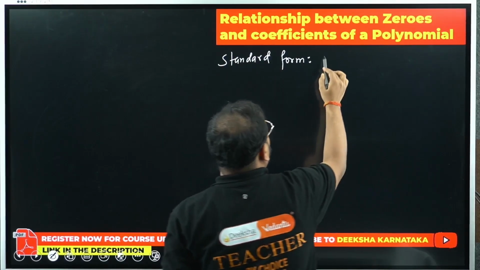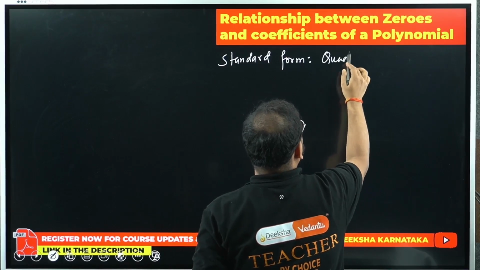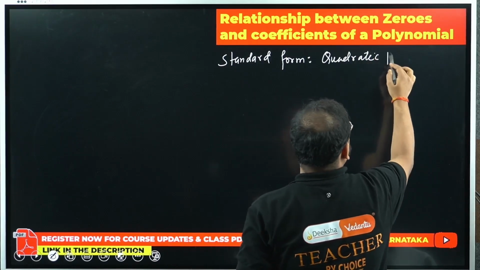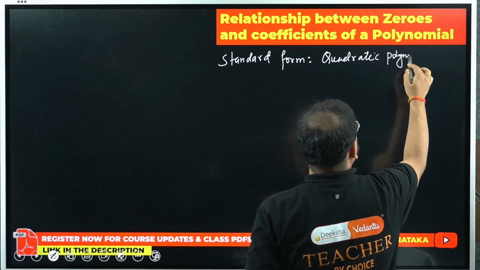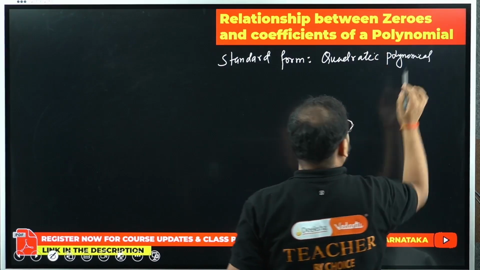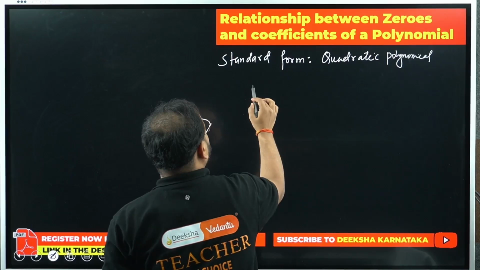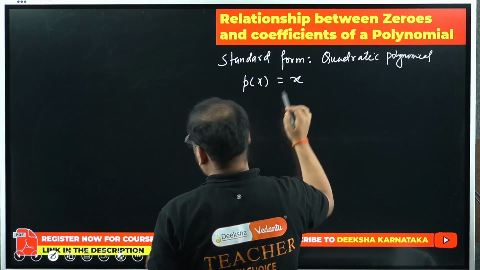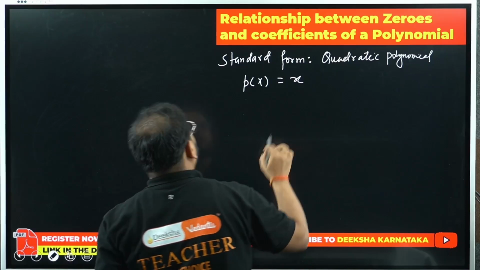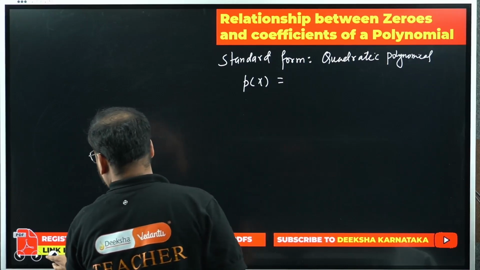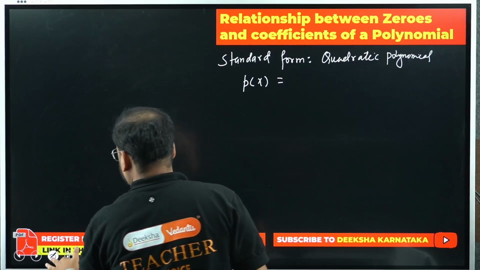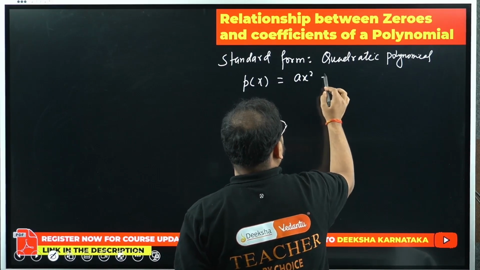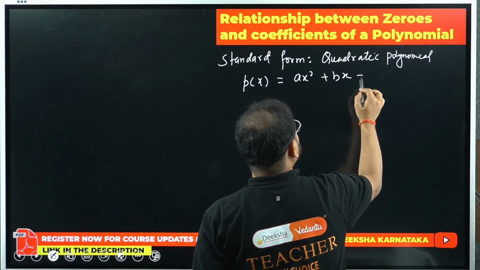It'll look like this: px equals ax square plus bx plus c.